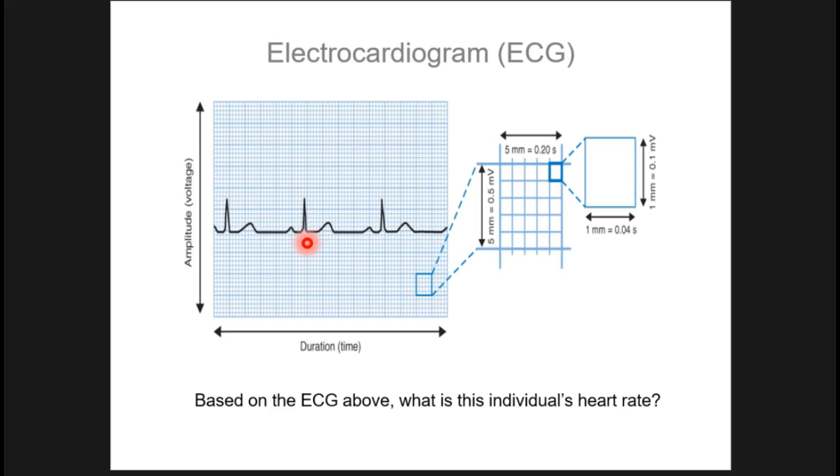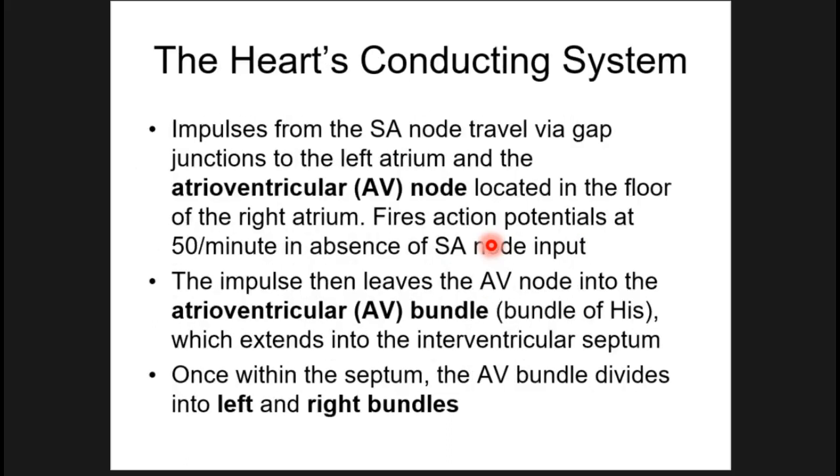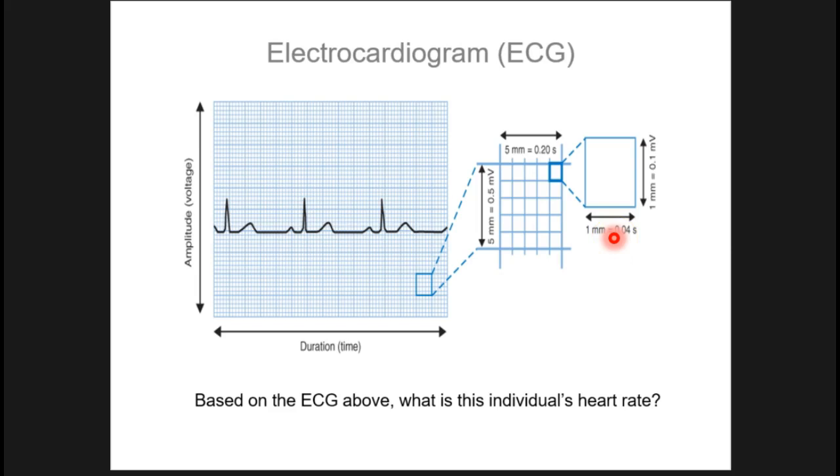That's because it's depolarization of the ventricles. And even if you go back and look at this electrical conducting system, you can think of it as a QRS if you want to. So again, this is depolarization, which corresponds to contraction of the ventricles.